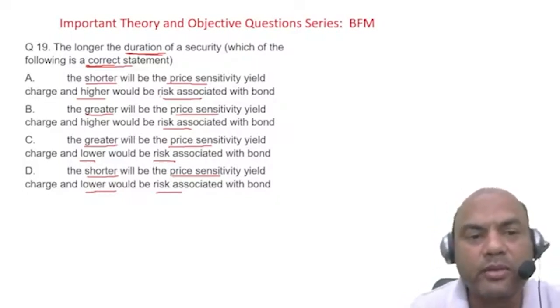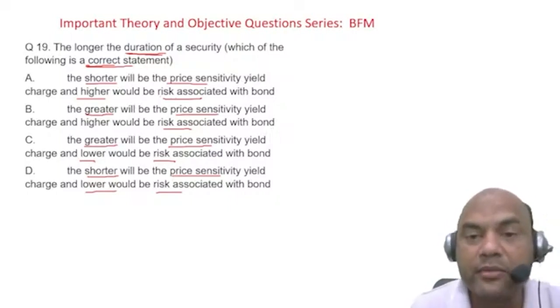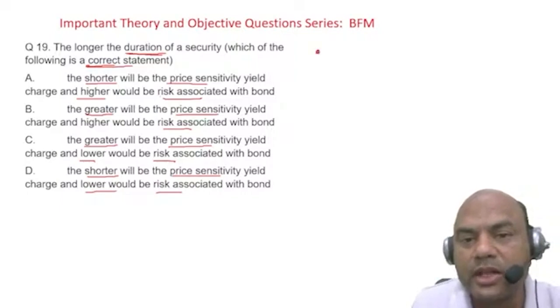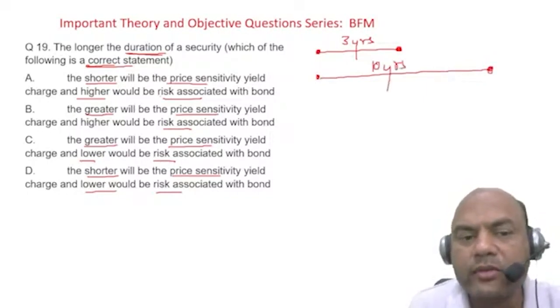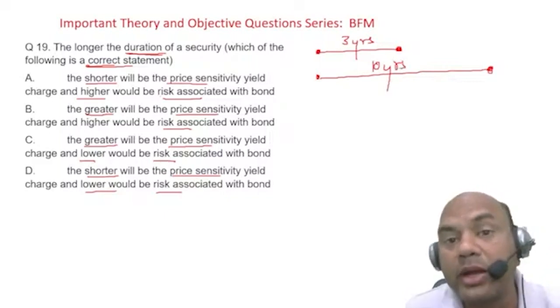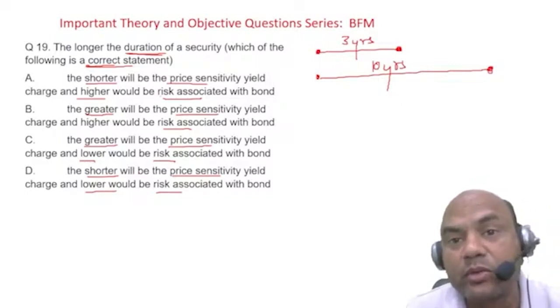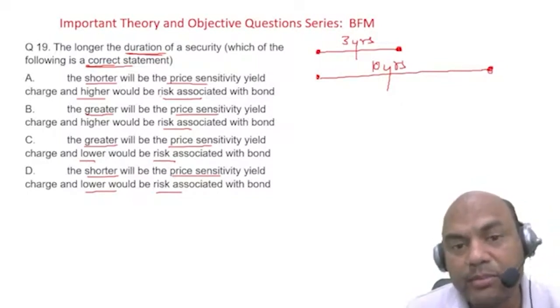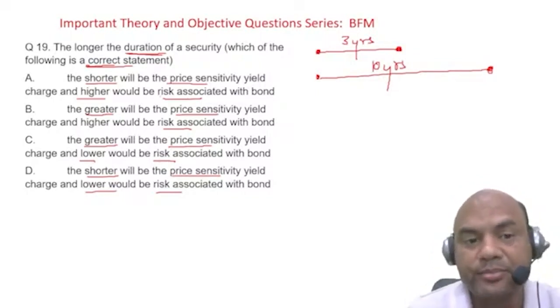Duration is longer. What do you mean by duration is longer? It means the time horizon is longer. See here, one bond is of the period of 3 years and another bond is of the period of, let's say, 10 years. Which bond will have higher sensitivity or higher movement with respect to change in a base parameter?